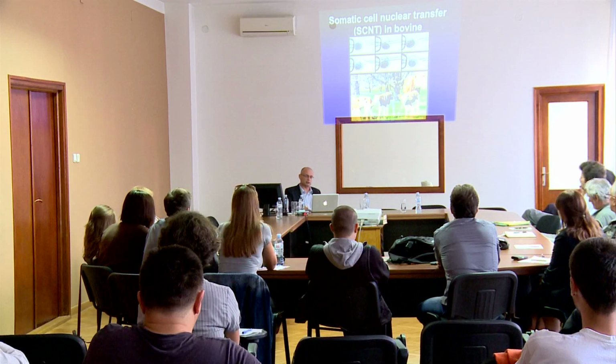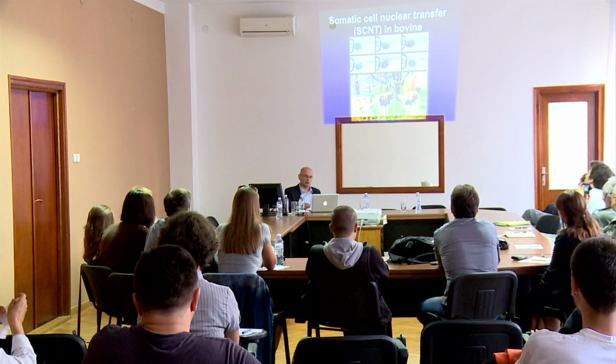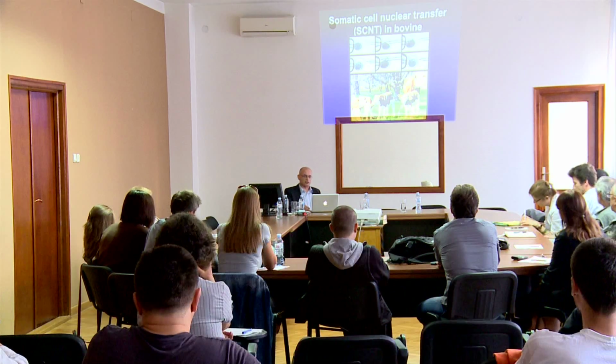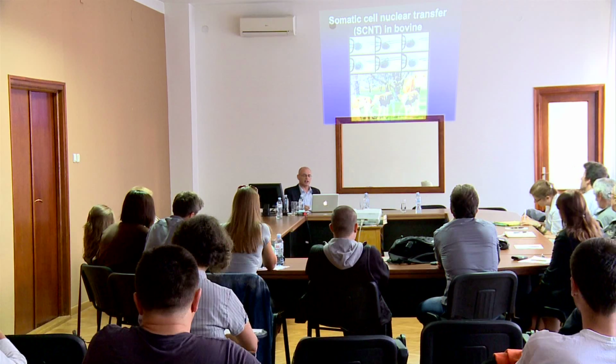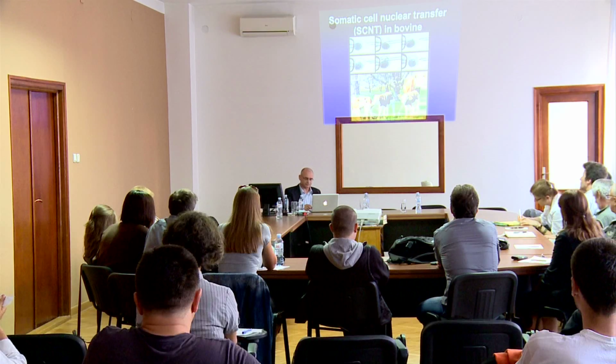So that means you are able to turn the biological clock completely back and then obtain really completely reprogrammed embryonic cells. And this opened the field for epigenetics and for reprogramming, because it showed that something like this might be useful for all of us without the usage of cloning.